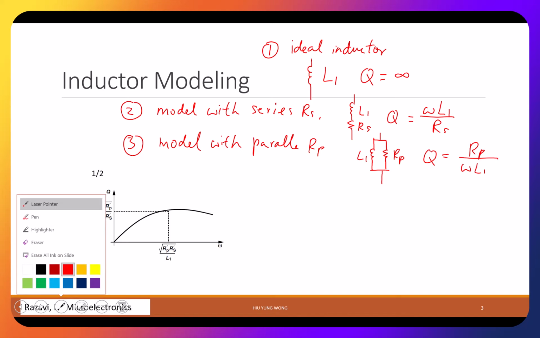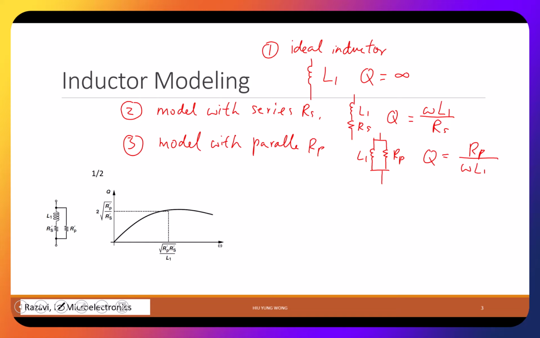Now, however, to make it accurate over a wide band, you actually want to use the fourth method. And I do not know why I have 1/2 here. Okay, because this is a typo in the textbook. This should be 1/2.